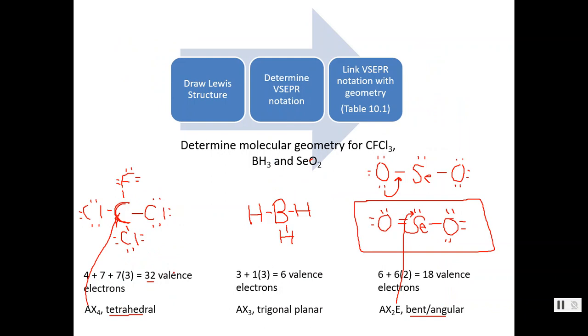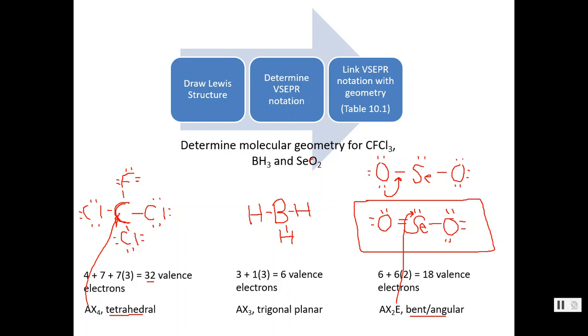So here are 3 structures that we've talked about previously with regards to the Lewis dot structure and their molecular geometry. We can now go back and look at them and see if any of these molecules are polar or not, using the rule that was in the previous slide.